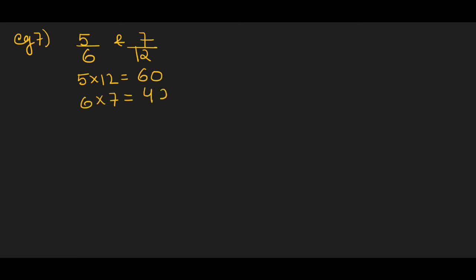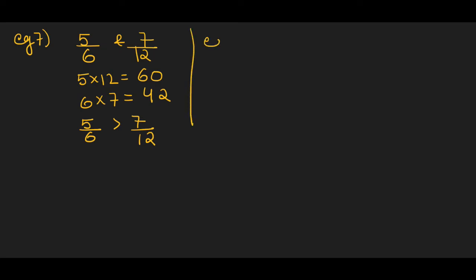Another example, example 7: 5 upon 6 and 7 upon 12. We will find 5 into 12, which is 60, and 6 into 7, which is 42. So 60 is greater than 42, therefore 5 upon 6 is greater than 7 upon 12.